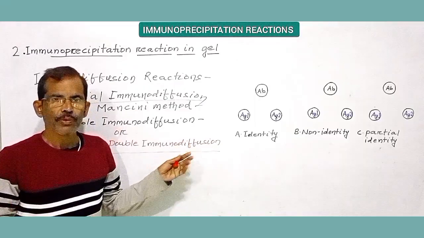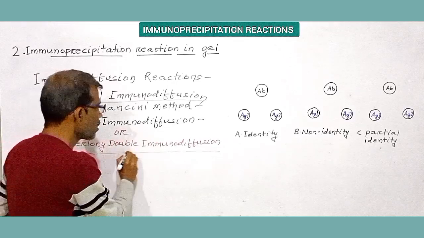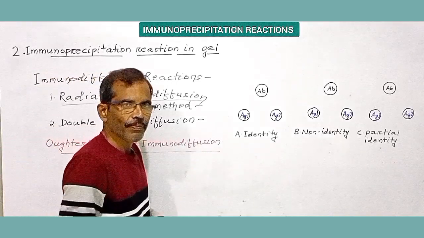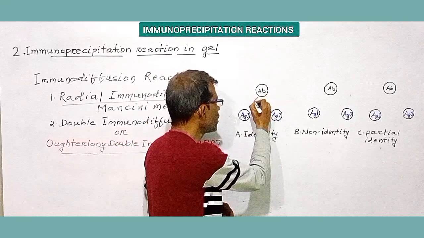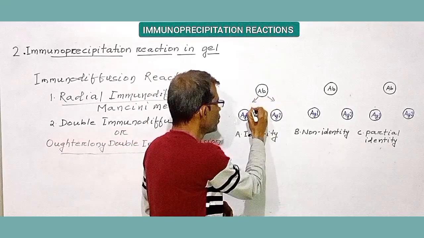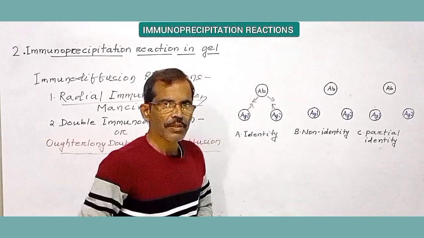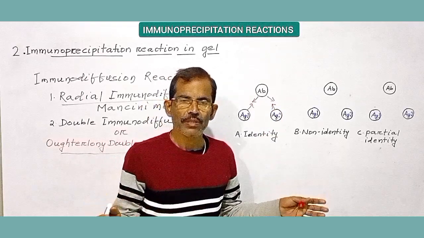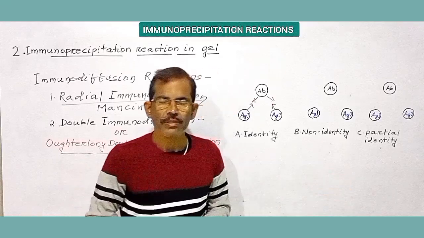Double immunodiffusion is also known as Ouchterlony double immunodiffusion. In this technique, both antibody and antigen are allowed to diffuse toward each other. As a result, distinct precipitation lines are formed in the zone of equivalence.